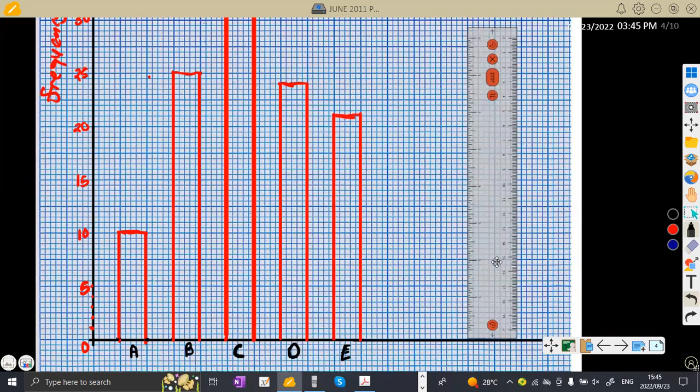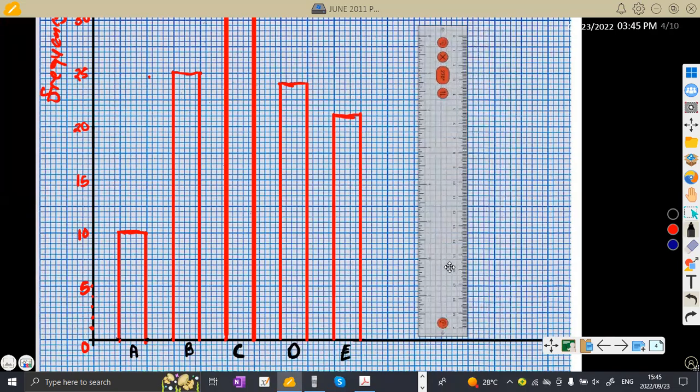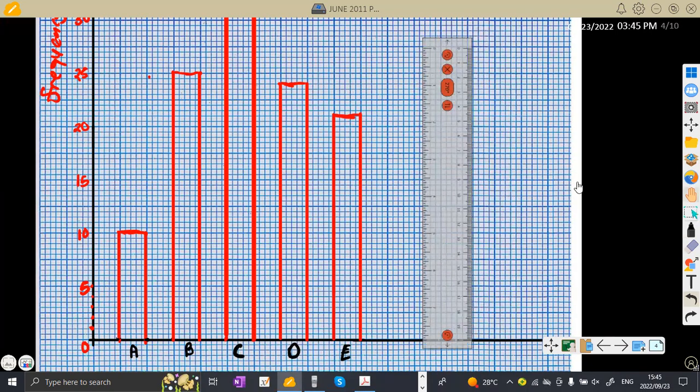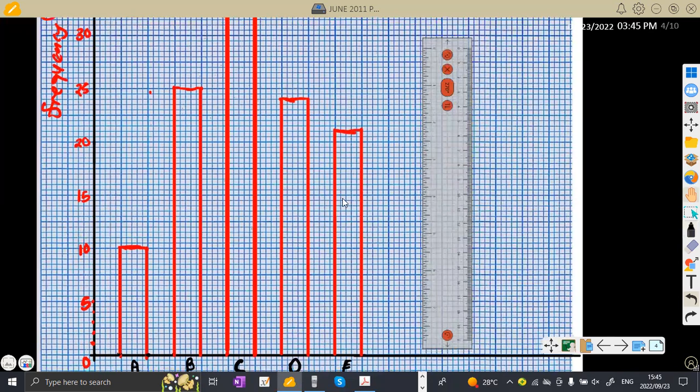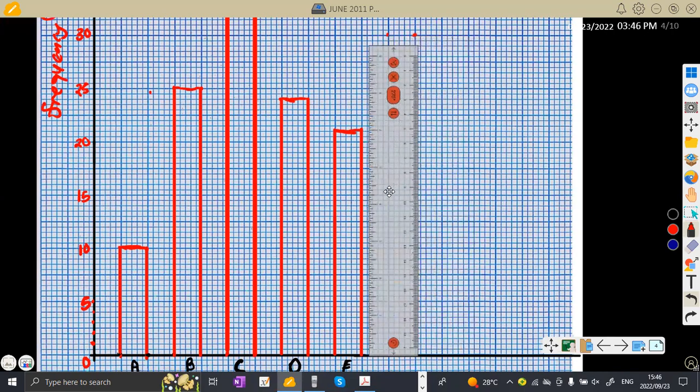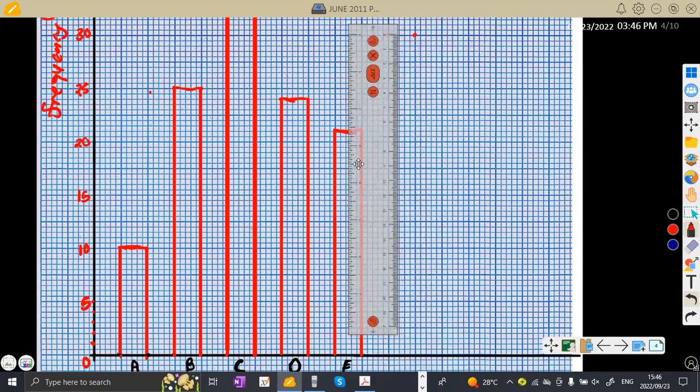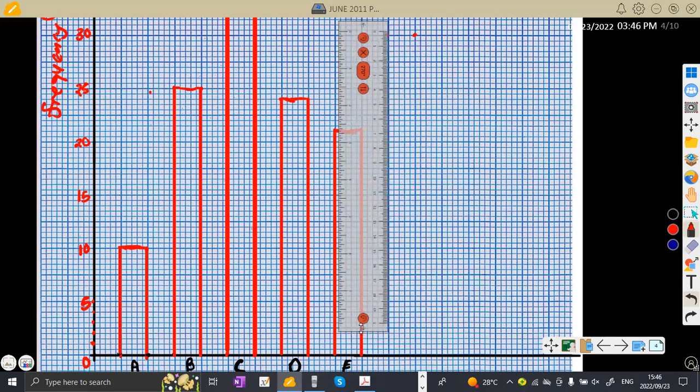Then the last grade is grade U, which was 30. So you must draw something which reaches 30 here. So there lies our 30 somewhere here. All right, so I'm just going to join up to that point of 30. So this is what you're going to have here, up to 30. We join up to 30 like this.